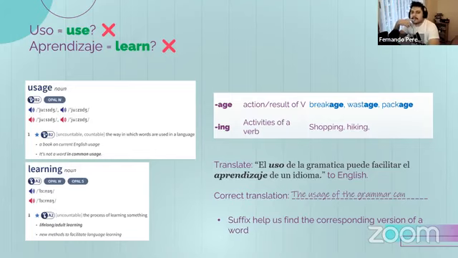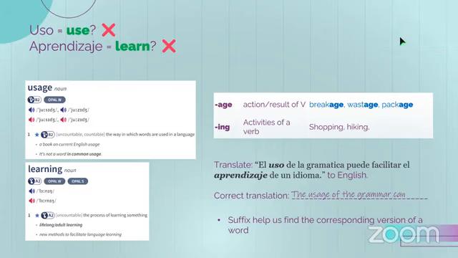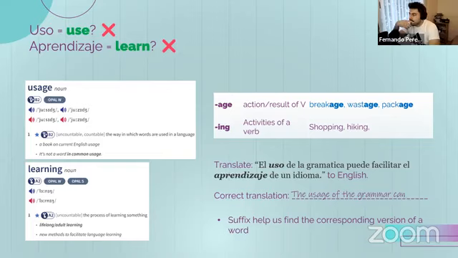You can use one of these verbs. The usage of the grammar can.